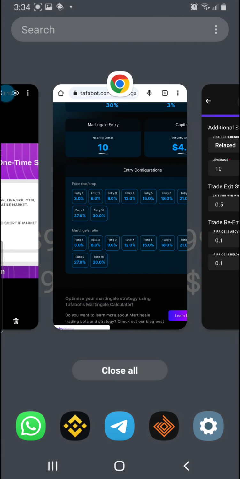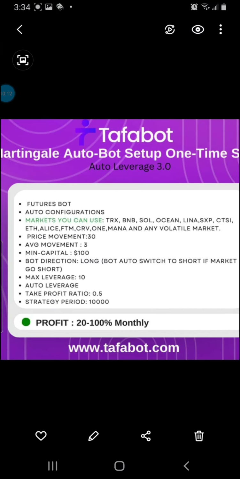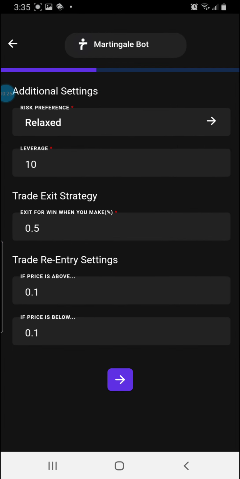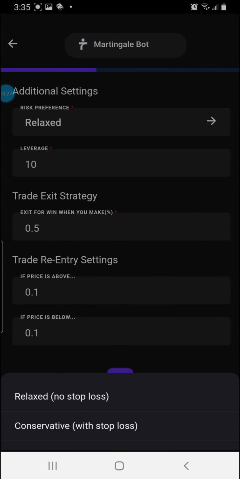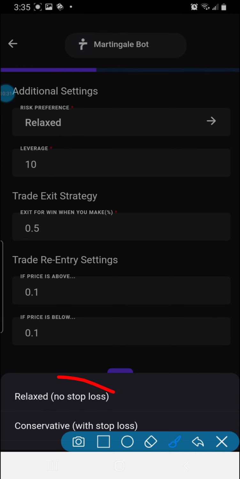Now, if you come back to here, you see your auto leverage is here, take profit ratio is here, strategy period. These are recommended ones from Tafa. However, if you come here, you can decide to choose either relax, no stop loss, or conservative with stop loss. So you choose your choice.